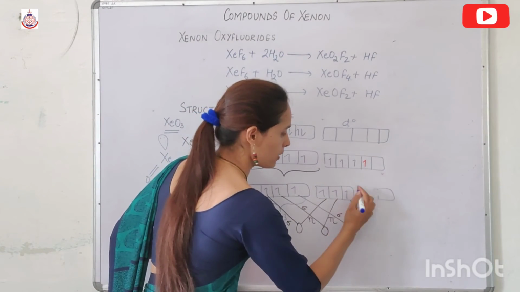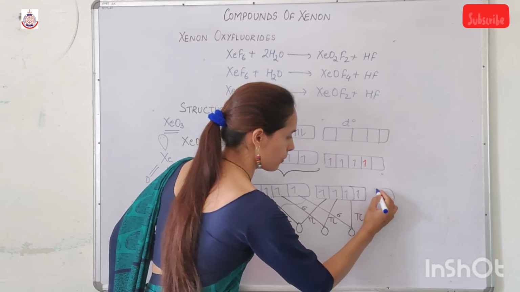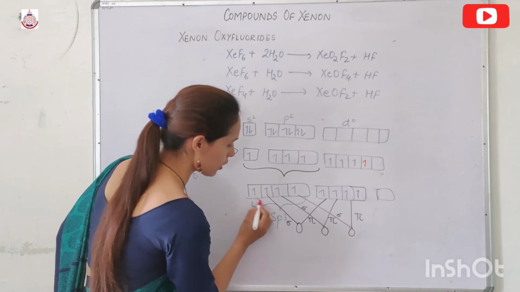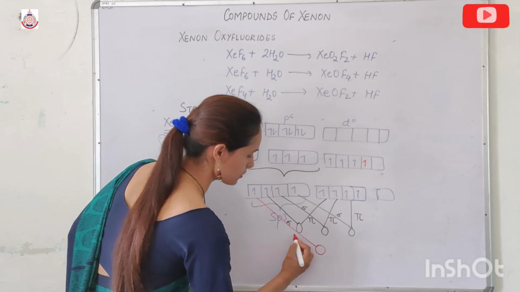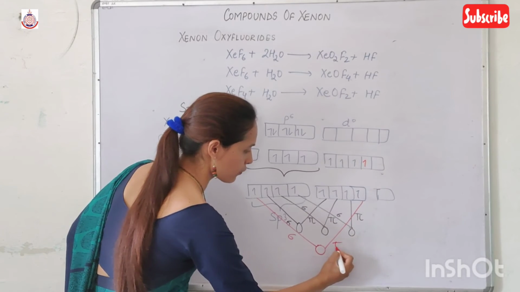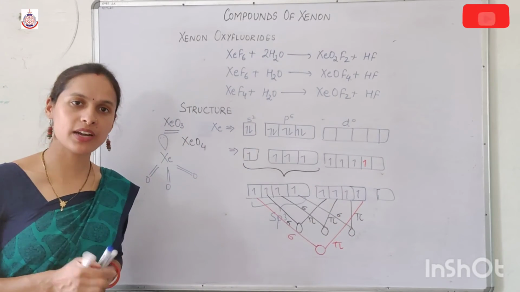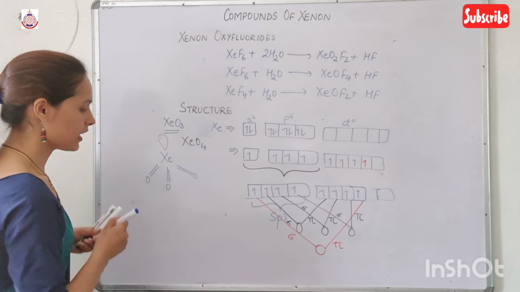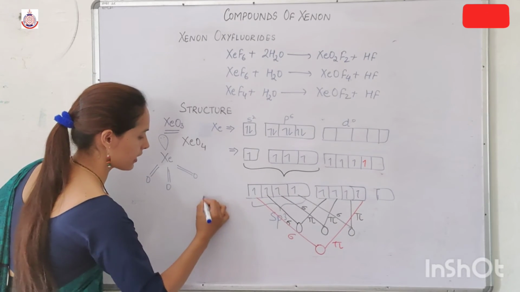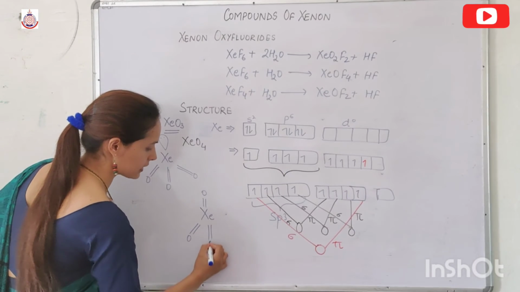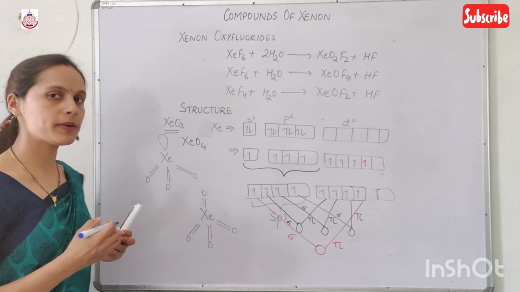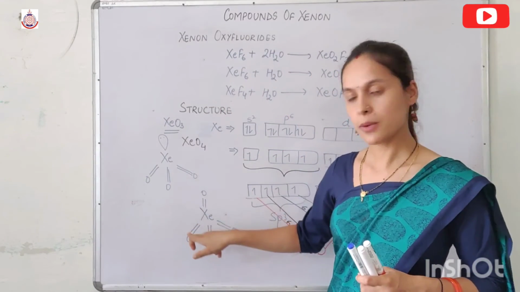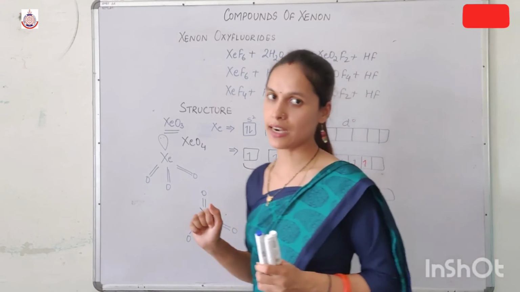Here I get one more unhybridized d orbital having a single electron, and with this the fourth oxygen forms a sigma bond, and here it forms the pi bond. So the hybridization is still sp3, but all are bond pairs, therefore the shape is tetrahedral. So the shape of XeO3 is pyramidal and the shape of XeO4 is tetrahedral.